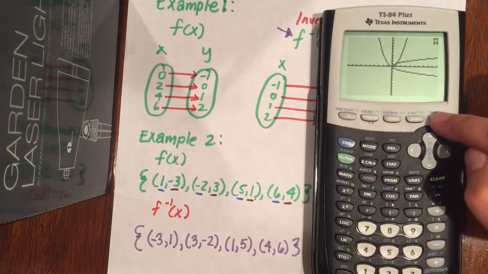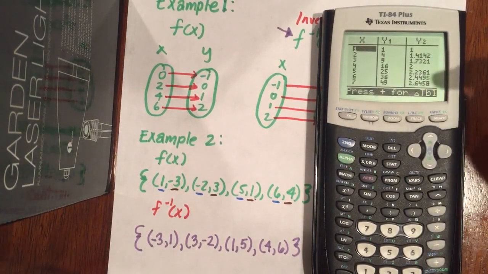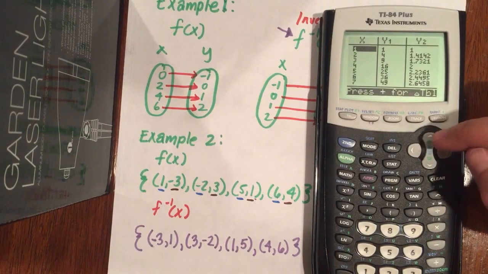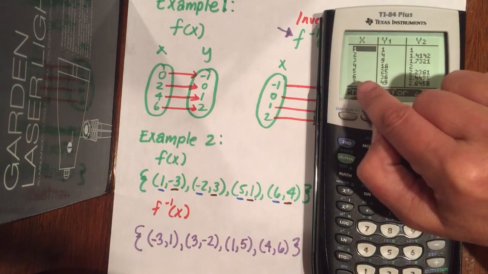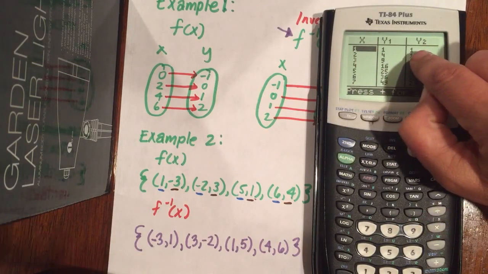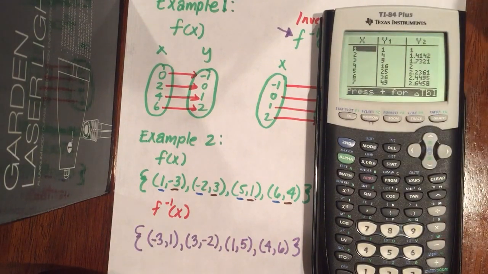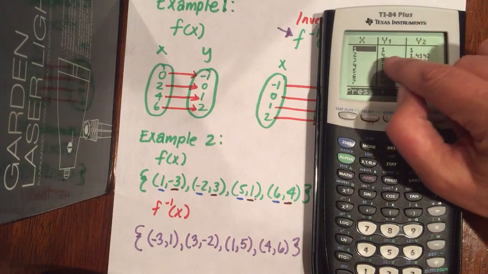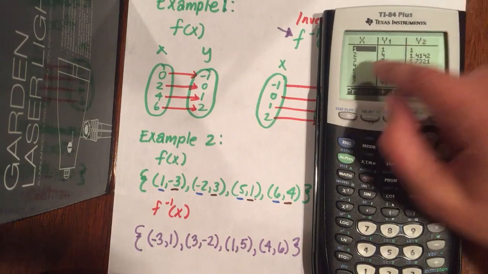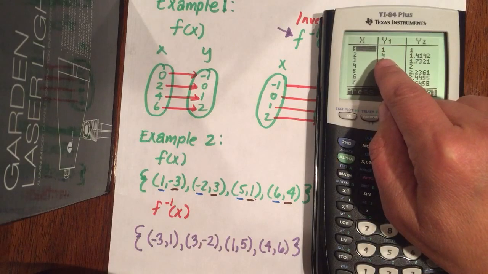So let's look at the table. If I look at the table for this one, remember we talked about how these things should flip, right? In the first function, when x is 1, y is 1. In the second function, when x is 1, y2 is 1. Okay? That's what we're looking for. The domain and the range switch, okay? But that doesn't help us with ones. So let's look at this one. When x is 2, y is 4.